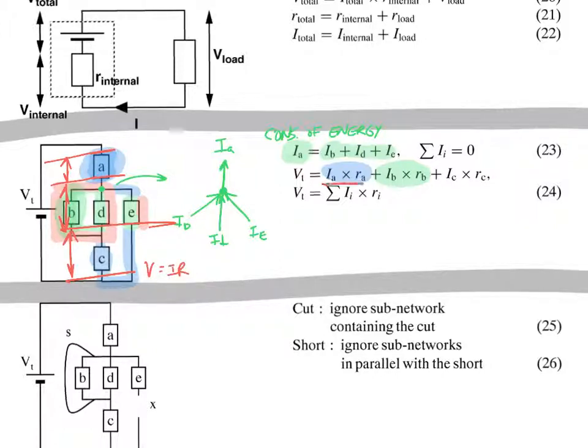Hence, you have a current resistance product pair, and the last current resistance product pair. Which is why this statement here, total voltage, is always going to be the sum of the current resistance product pairs.